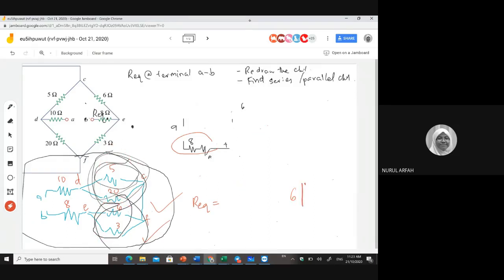So 6 parallel with 3. And then this one, are they in series? This part? Yes. What do you think? Yes. And also this one also in parallel, right? Yeah, parallel plus series. Series. Yes, series. So write down that equation.